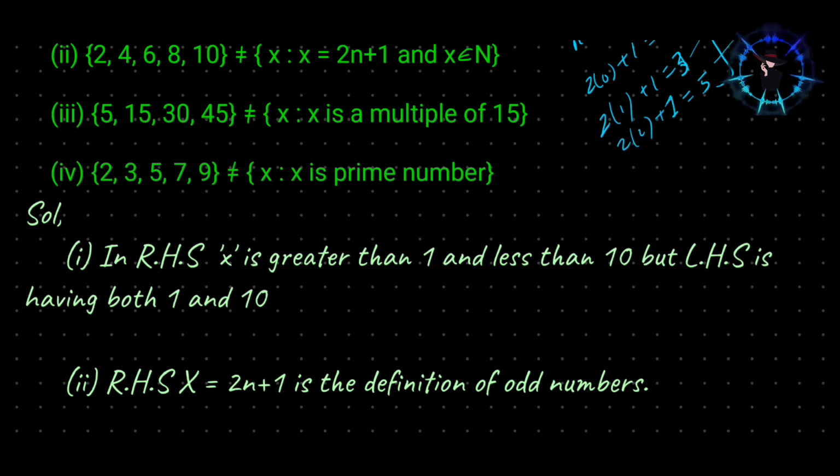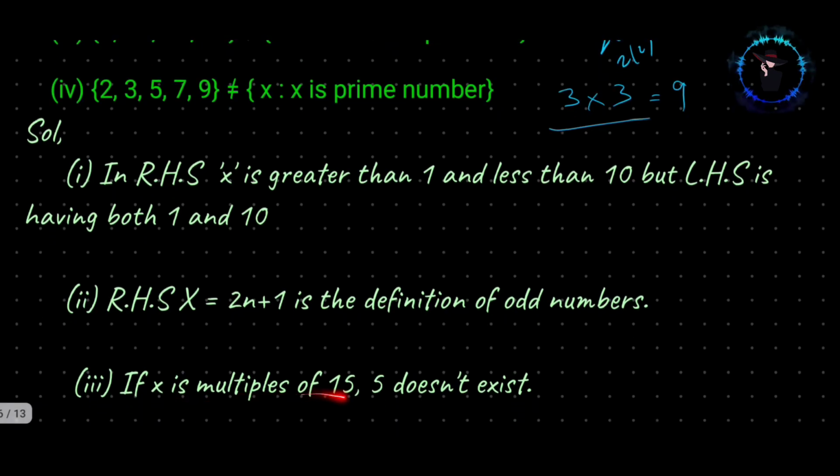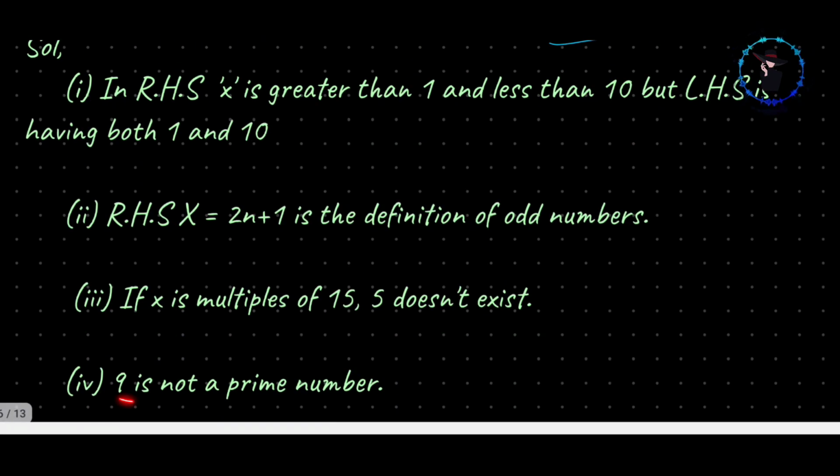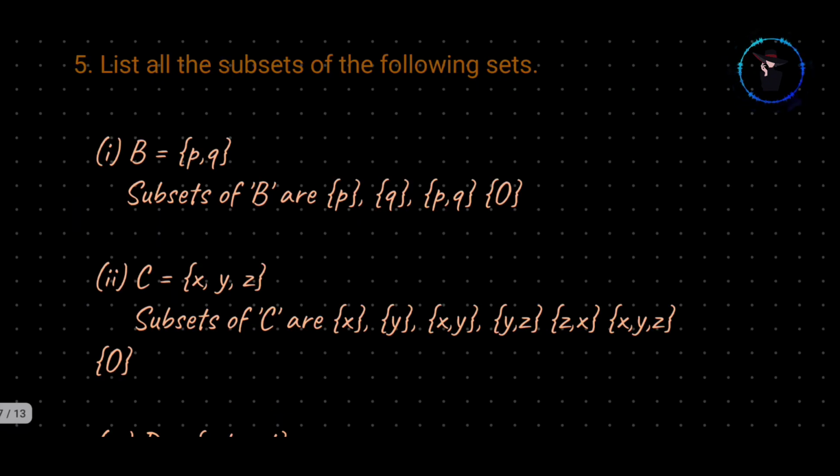No, 9 is not a prime number because it has multiples 3 into 3, which makes 9. What are prime numbers? Which have multiples 1 and itself. So this is also true that it is not equal. That is the explanation here. 5 doesn't exist in the multiples of 15 as I had said, and 9 is not a prime number.